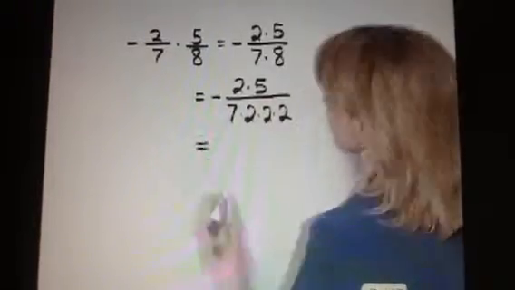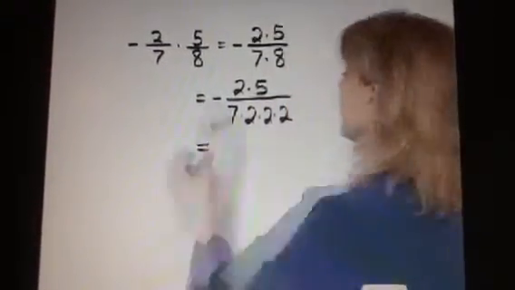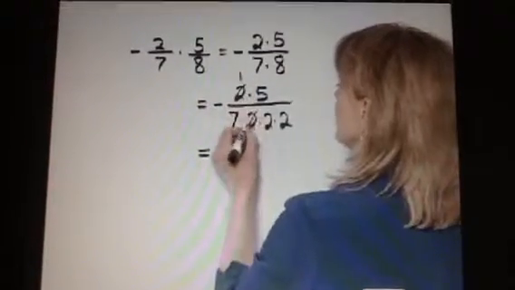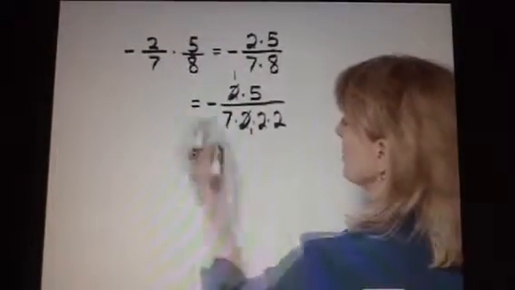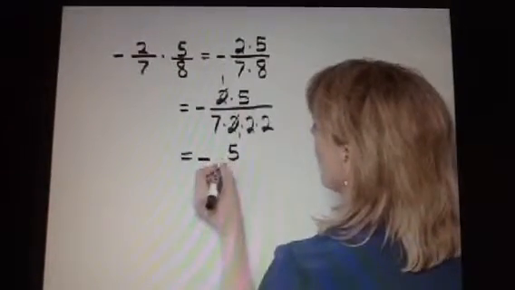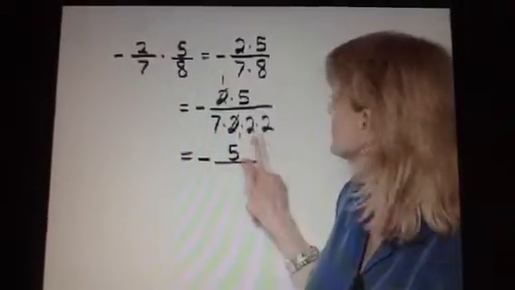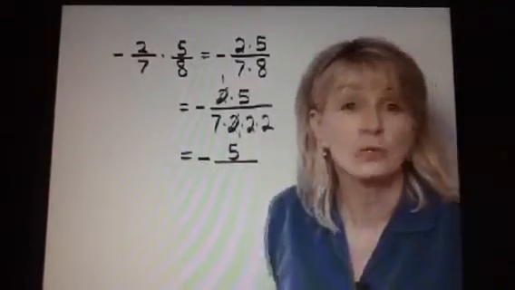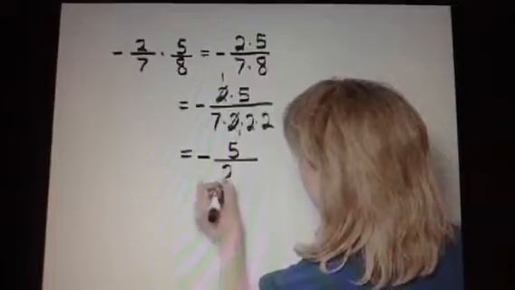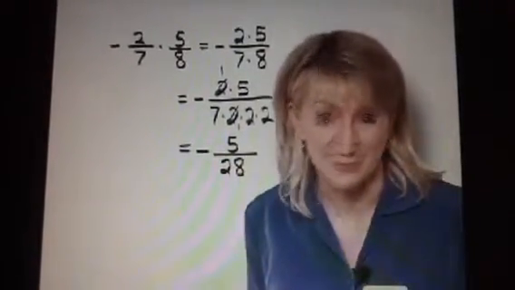In other words, I'm simplifying before I actually go through and multiply everything. Common factor of 2, and that's all. So I have a negative 1 times 5, or 5. In the denominator, 7 times 1 times 2 times 2, that is 28. Here is my product in simplest form.